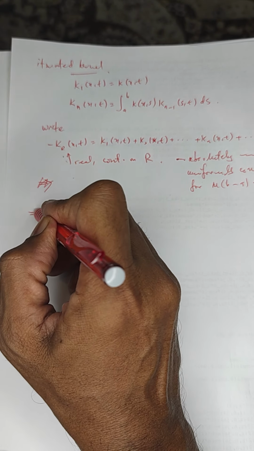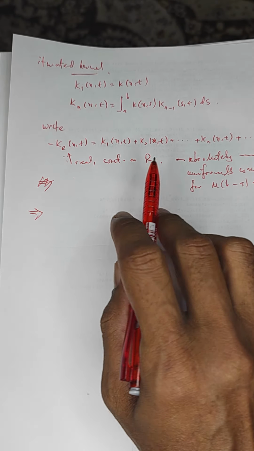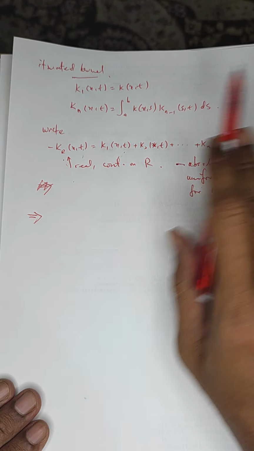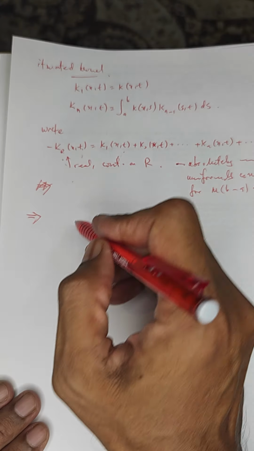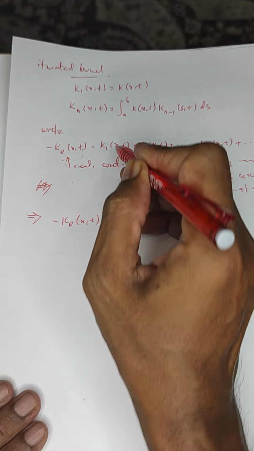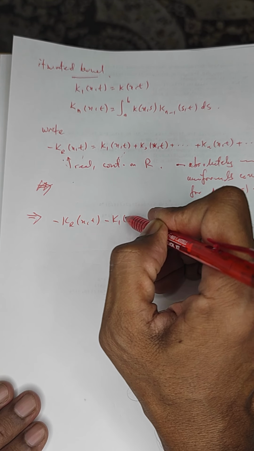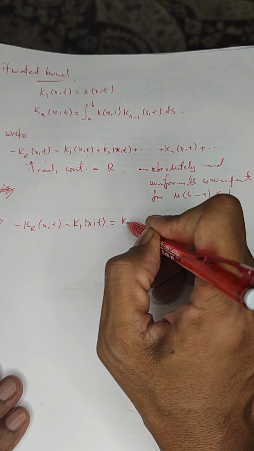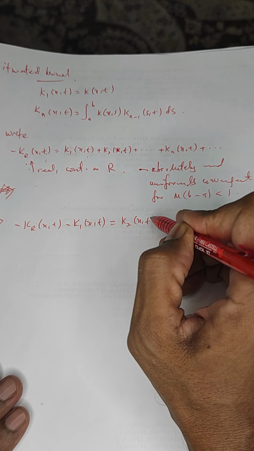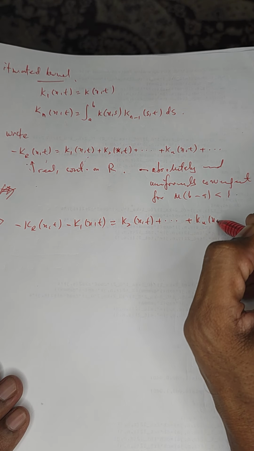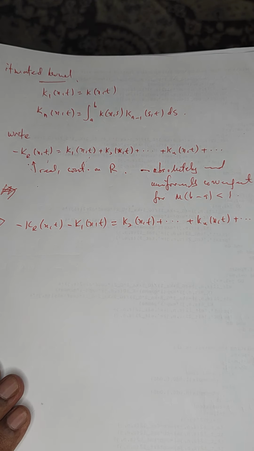So I can write those series as follows. We can take out k1 to the left and leave the rest to the right. So we have k_r(x,t) minus k1(x,t) equal to k2(x,t) plus so on, kn(x,t) and so on.